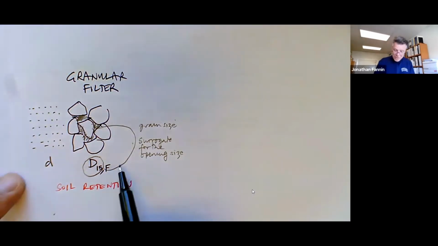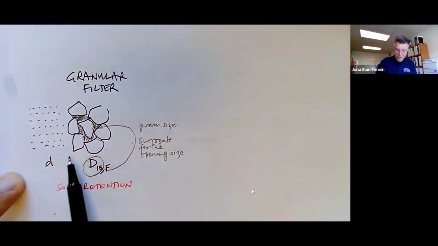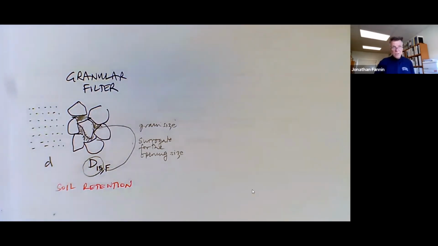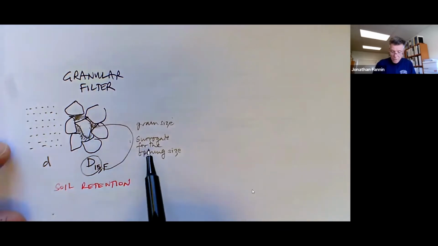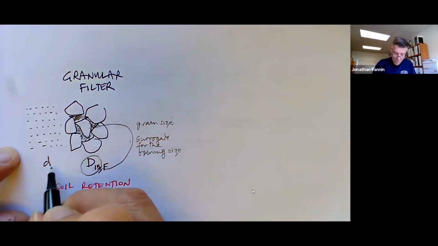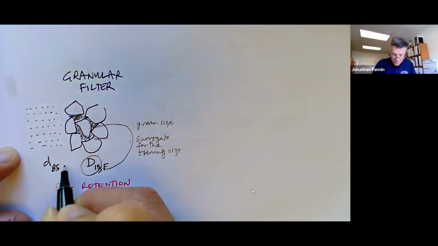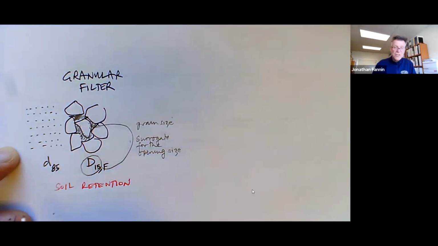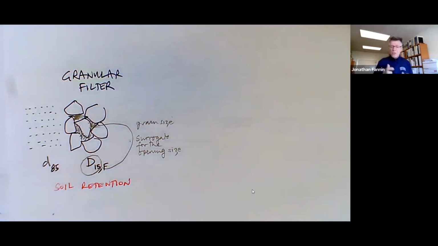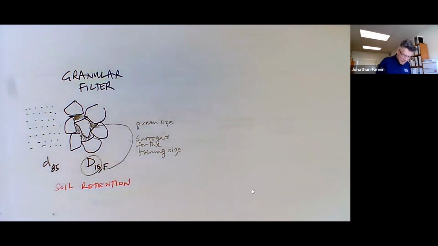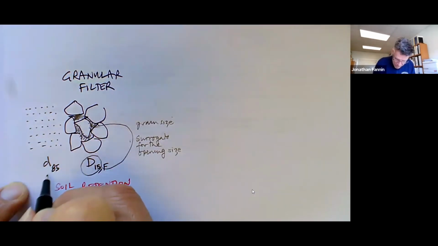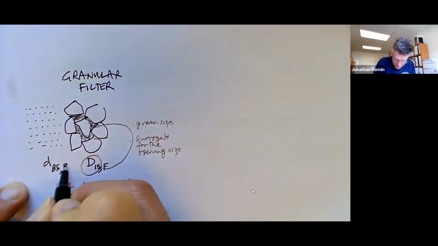We might match D15 of the filter because we believe that the lower percentage size from the distribution of the grains in the filter will give us an empirical connection to the opening sizes, and then we may match that to D85 of the soil. In fact, we may even look at ratios of D15, D85, and that's where Terzaghi started in the world of filter design for certain base soils. I need to maybe put in here diameter D85 of the base soil.